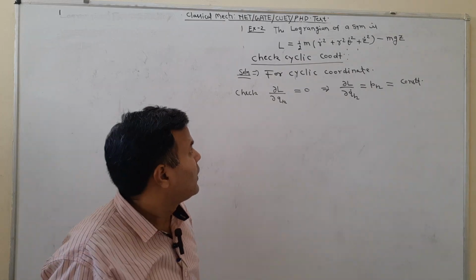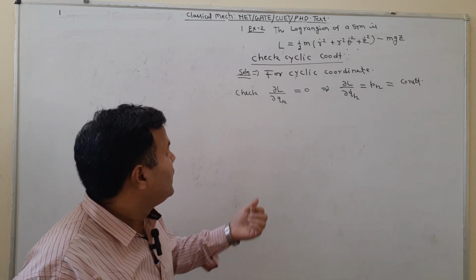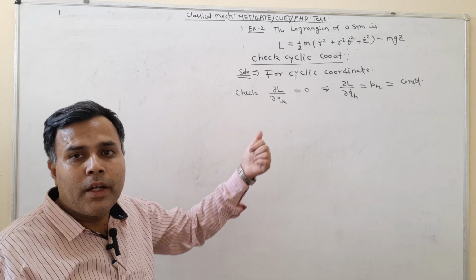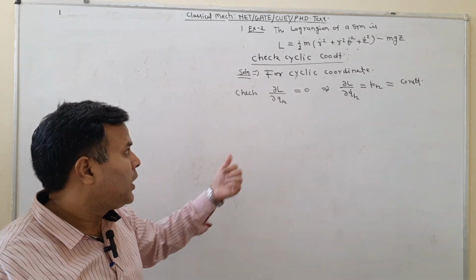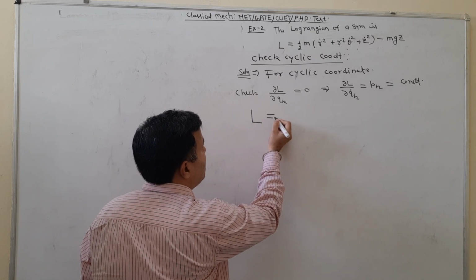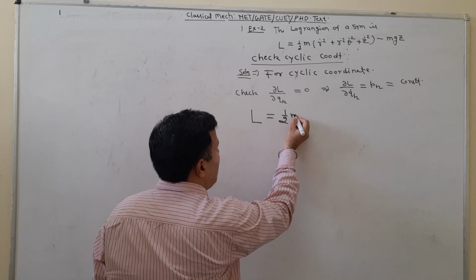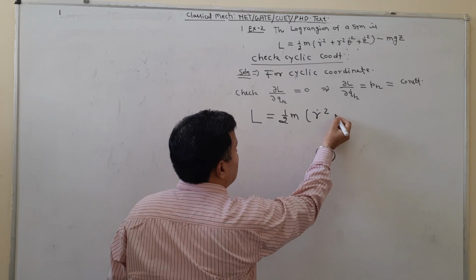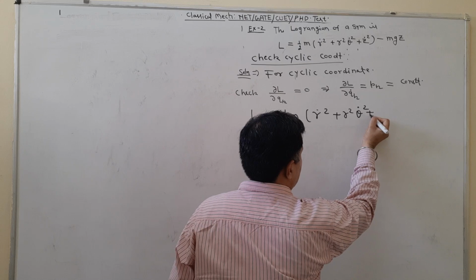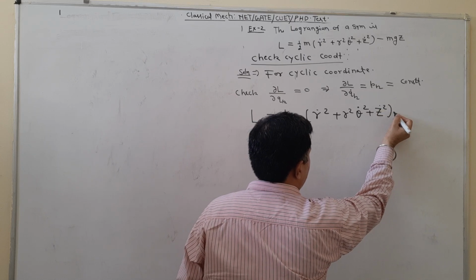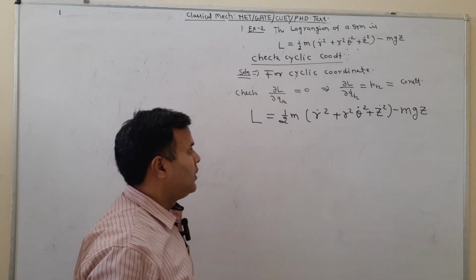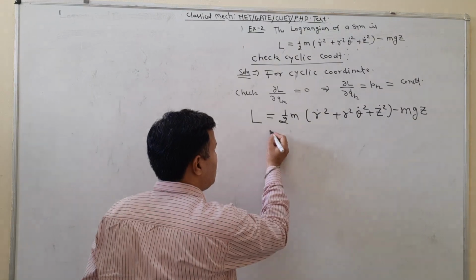So let us check the cyclic coordinate corresponding to r, theta and z coordinate. We have a Lagrangian profile which is 1/2 m (r dot square plus r square theta dot square plus z dot square) minus mgz.